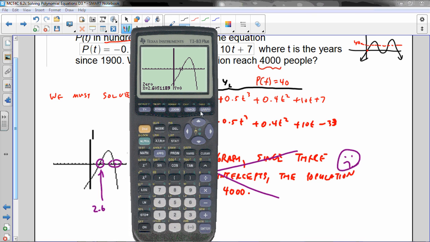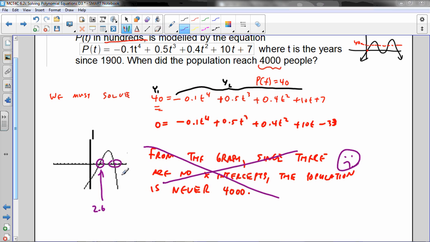And then again on the way down, 6.7. So the x-intercepts are 2.6 and 6.7. So what years are those?